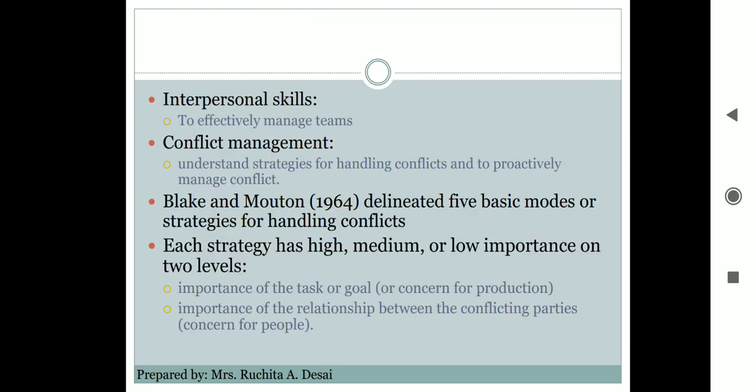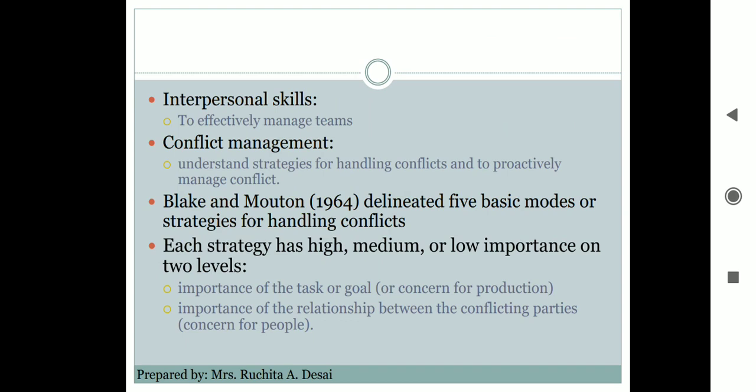So that is a second tool and technique. Here I mentioned it in fourth place, but I will take it as second, because once we find the conflict, we need to apply conflict management, which is another tool and technique to manage the conflict among team members.